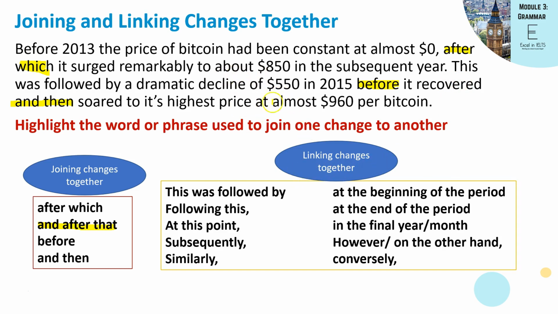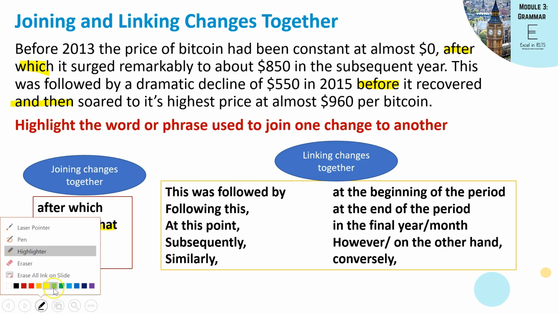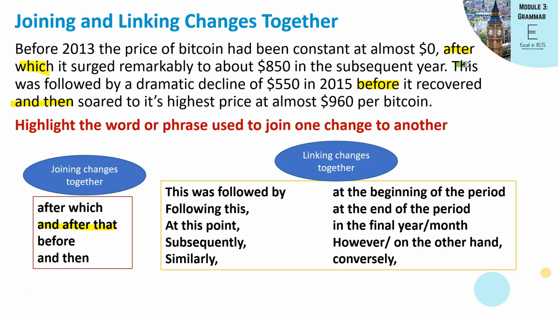We have one linker in this paragraph, and that is "this was followed by". This is a linker that we've used here to connect the previous sentence to the following sentence.